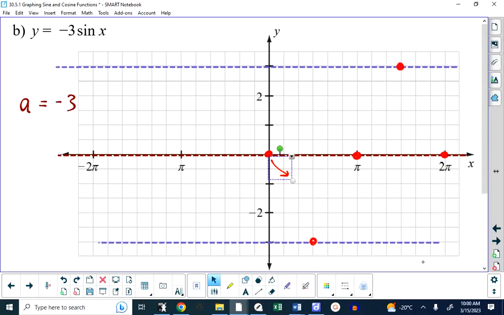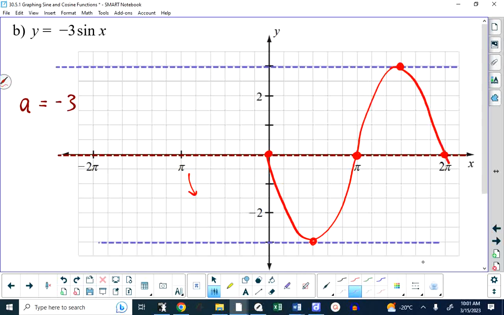So this red arrow really should be drawn more like that. But that's not part of the graph. That's just indicating what we're going to do. So you have to now draw a curve that goes from here down to the bottom, changes direction and goes up to the top, changes direction and goes down, put an arrow on it. I'm not going to spend class time now redrawing it on the other side. You can if you like.